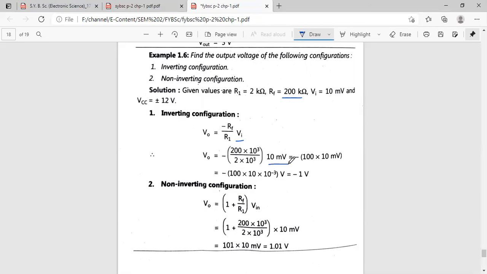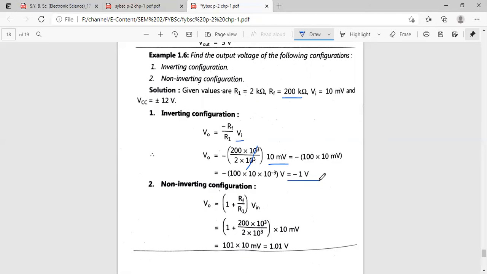The 10 raised to 3 terms get cancelled. If you divide 20 by 2, the answer will be 10, and so on, giving 100 into 10 millivolt, minus sign as it is. So this is 100 into 10 raised to minus 3, since milli can be written as 10 raised to minus 3. If you perform this calculation, you will get the answer equal to minus 1 volt.